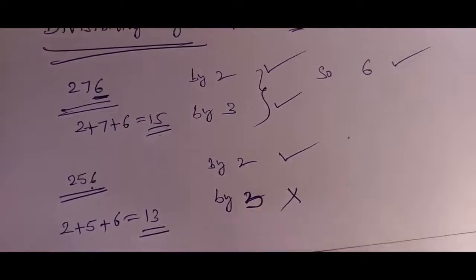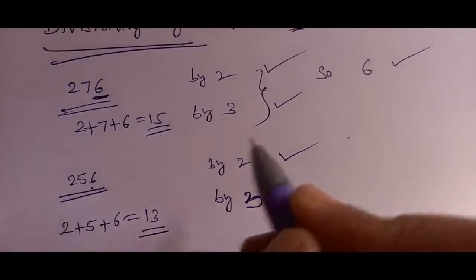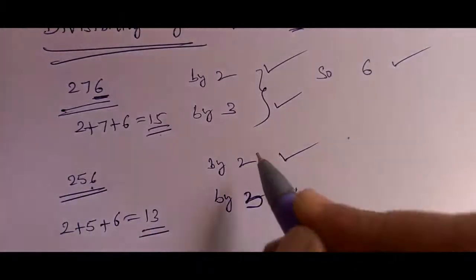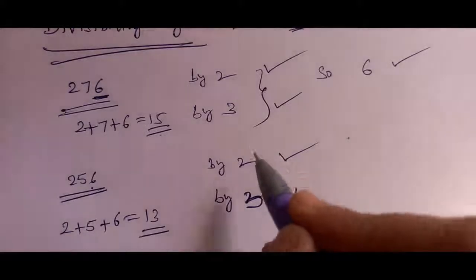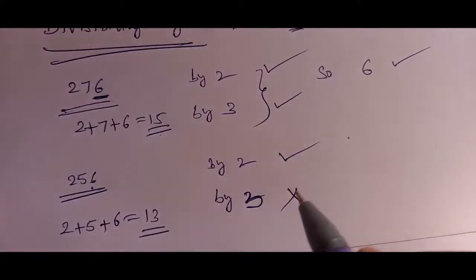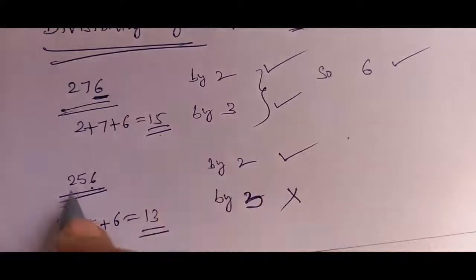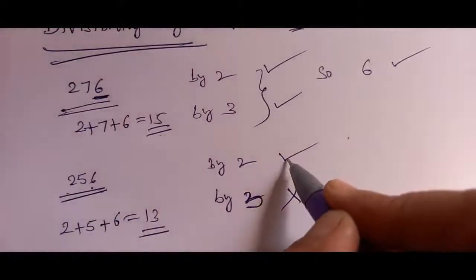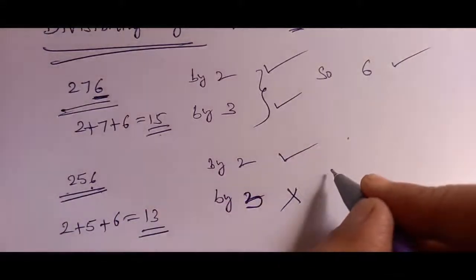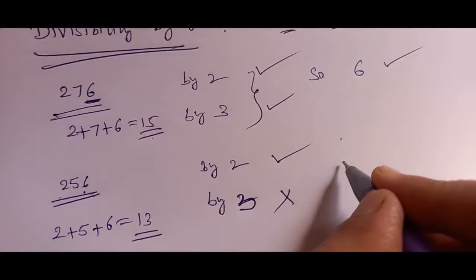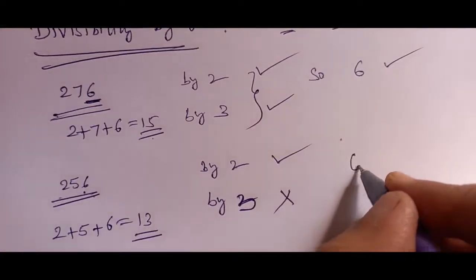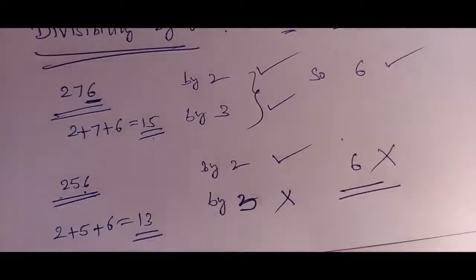What I told: the number should be divisible by 2 and 3 both. Here, 256 is divisible by 2 but not by 3. So 256 is not divisible by 6.